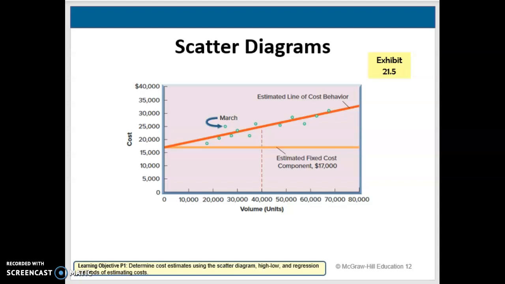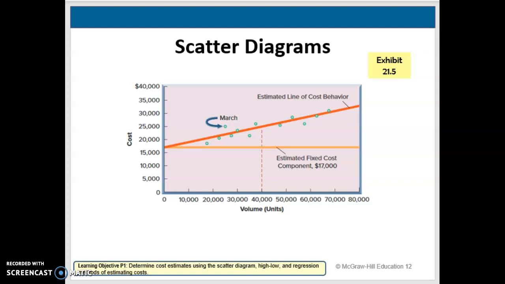To compute the variable cost per unit, or the slope, we're going to perform 3 steps. We're going to draw the vertical line from each of the points to intersect the estimated line of cost behavior. The point on the vertical axis is the cost corresponding to a specific number of units.